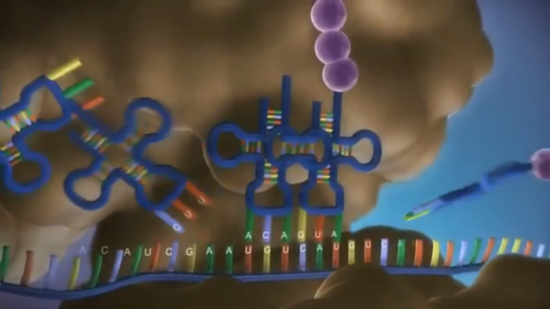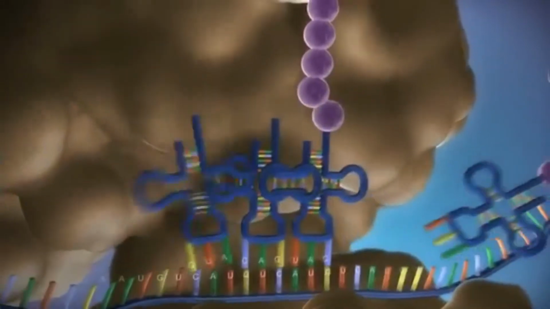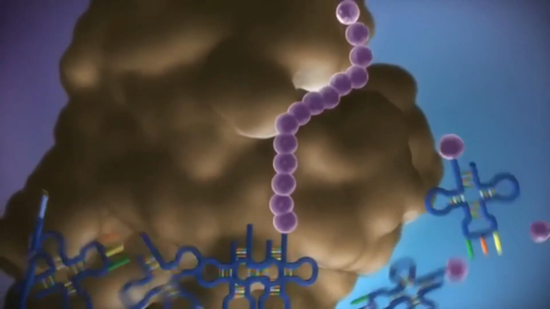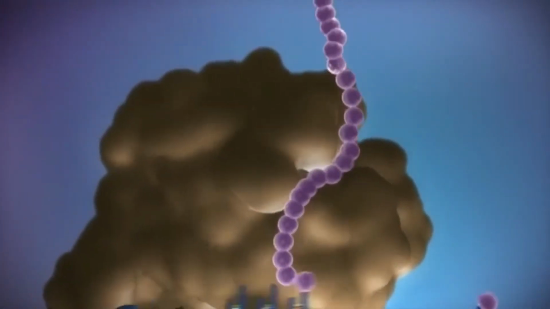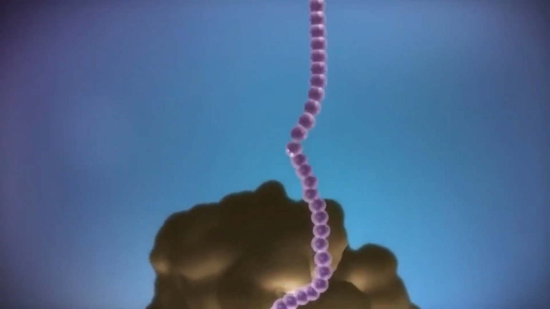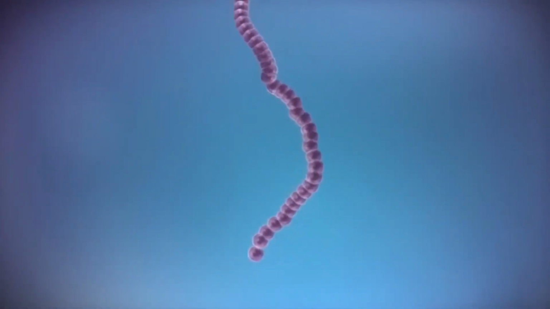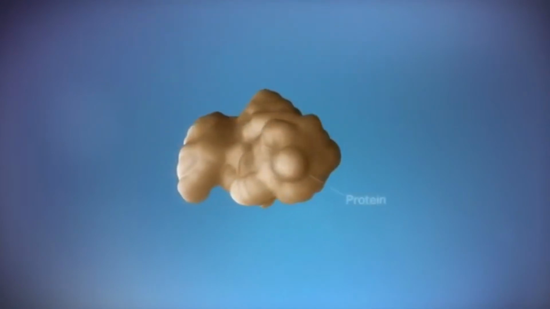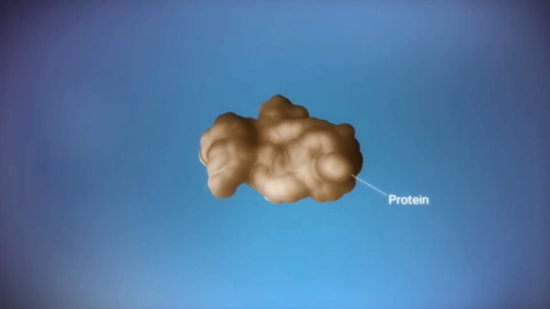A second tRNA molecule with the complementary anticodon will then temporarily bond to the second codon on the mRNA molecule. By now, the 2 amino acids will join together. Meanwhile, the first tRNA molecule will leave and the third tRNA molecule will join, bonding its amino acid to the first 2. In this way, a long sequence of amino acids will join together to form a protein.